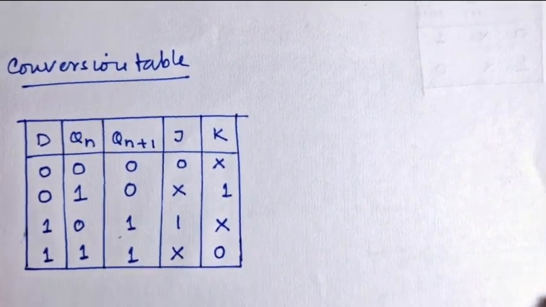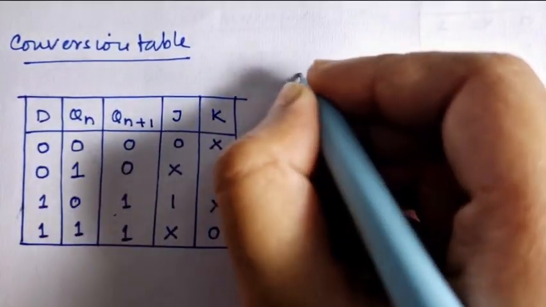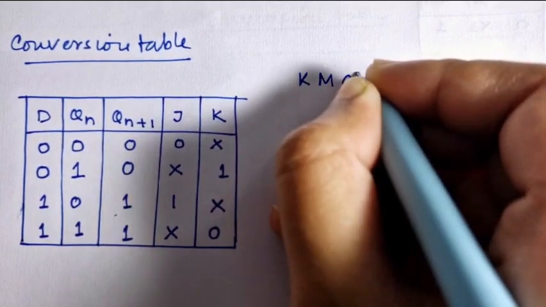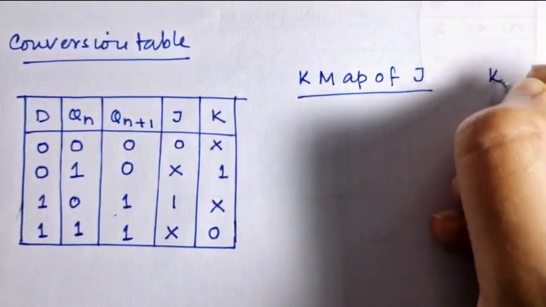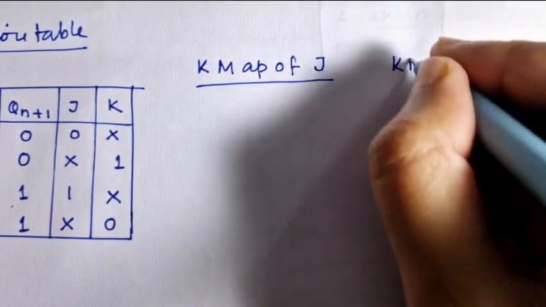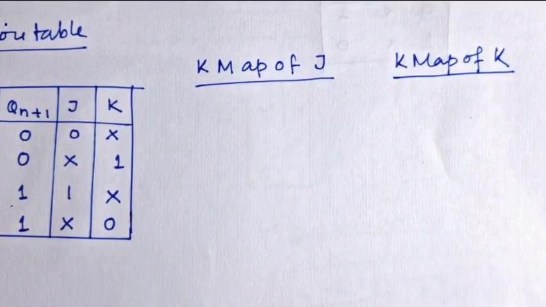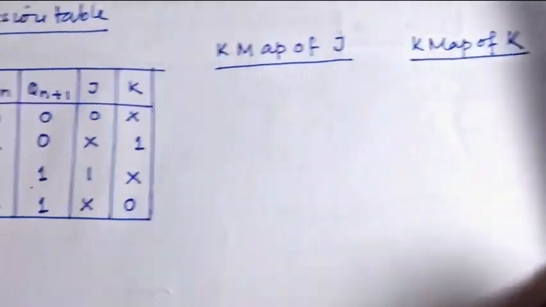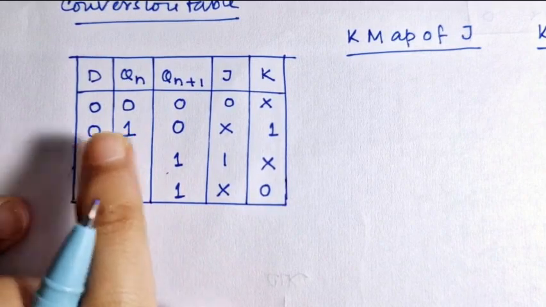The next step is to make the K-maps of the last two columns, that is J and K. Here is the K-map of J and here the K-map of K. How many cells will be there? Four cells, for D and Qn.